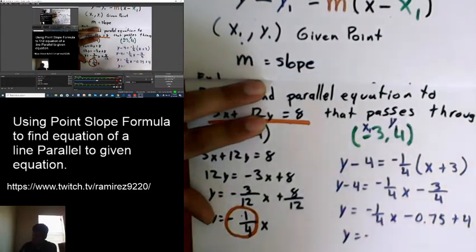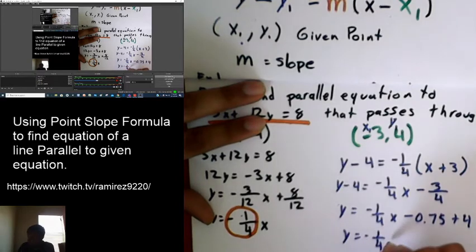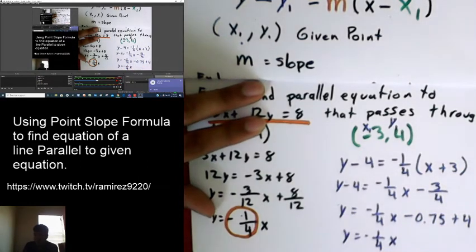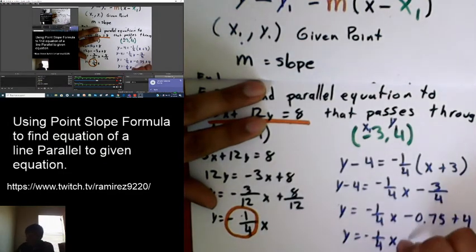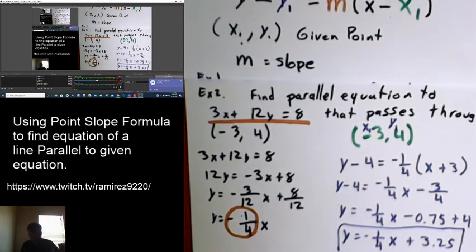You could convert the 4 into a mixed fraction, but not everyone likes that. So here this would just be plus 3.25, and that's it. Okay, and that's the hardest it gets, guys. So again, that's all it is on that end.